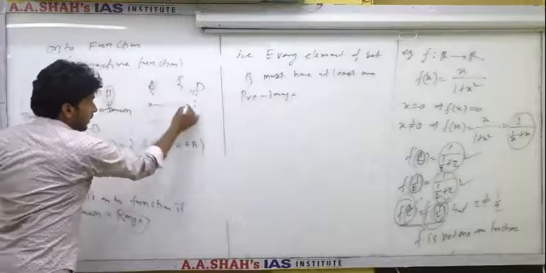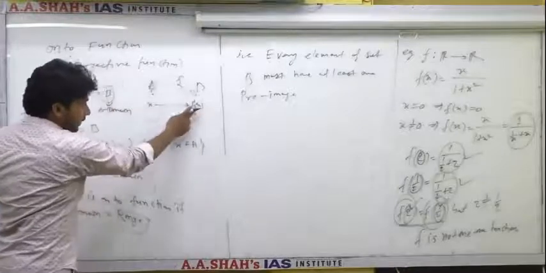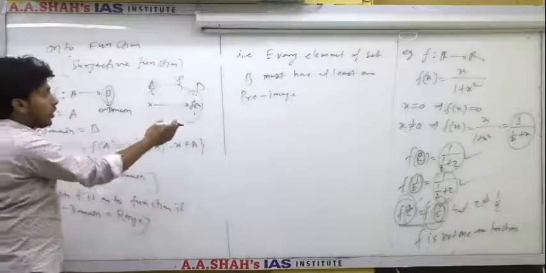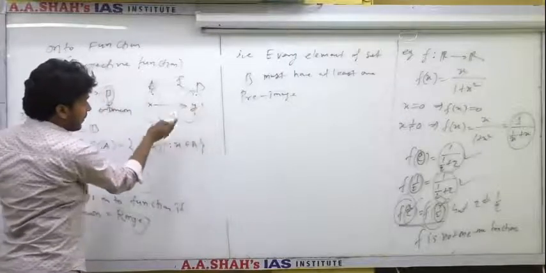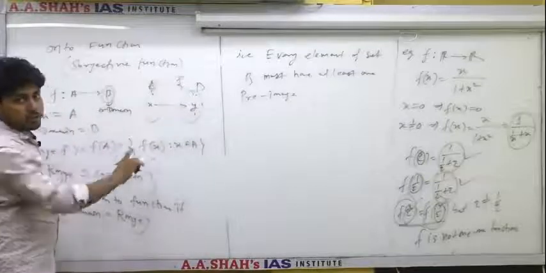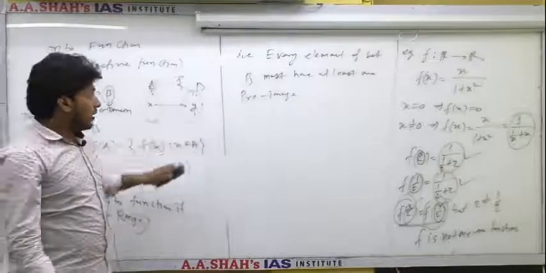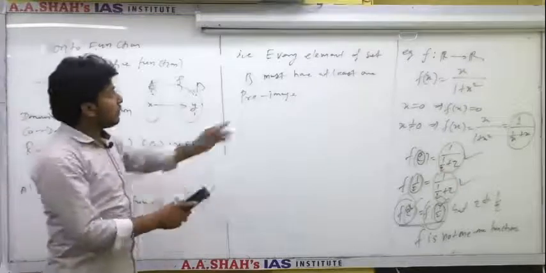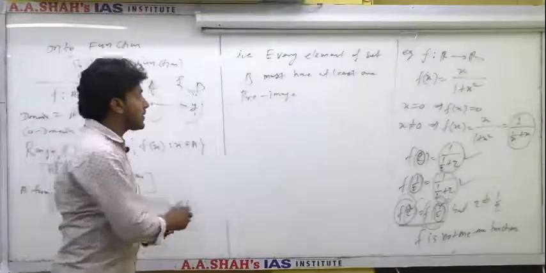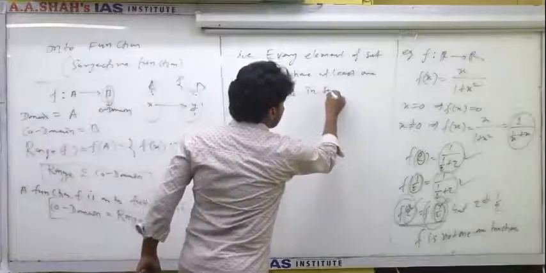If x is there, then f(x) is here. So f(x) is the image of x and x is the pre-image of f(x), or we say f(x) is y, then we say y is the image of x and x is the pre-image of y. So if f is an onto function, then every element of set B must have at least one pre-image in set A.